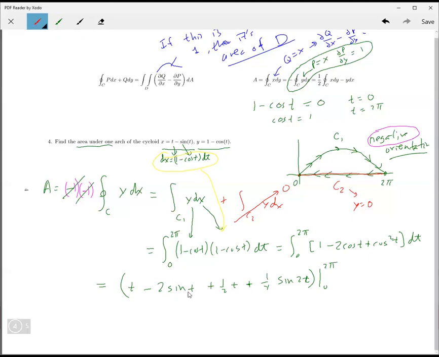If you put 2 pi into here, or 0 into here, you get 0, so that's gone. And that's also gone as well, because if you put 2 pi in here, you're going to get 0. If you put 0 in, you get 0. Okay, so all that's gone. So I only have this right here. And that's 3/2 t, but then you put 2 pi in for t, and you have 3 pi.